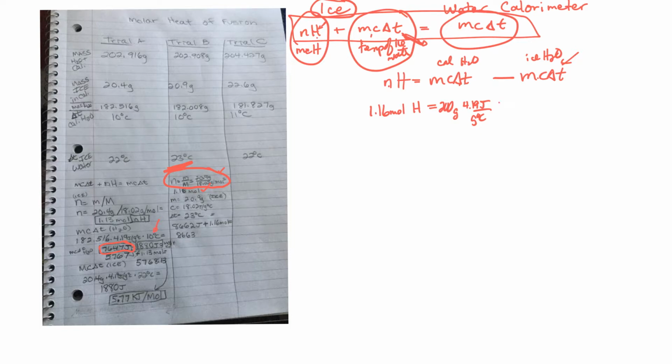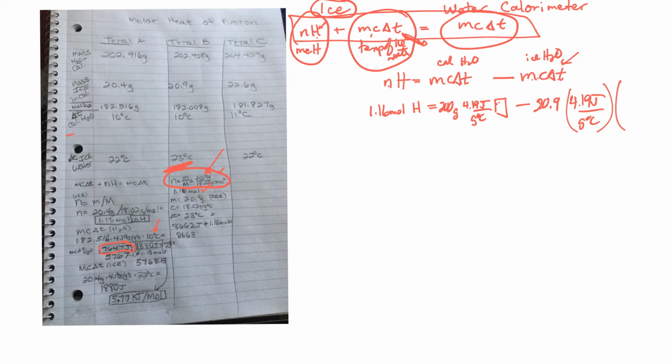So that's the change in temperature of the calorimeter water, minus the mass of the ice water. Well, the ice measured 20.9 right there. So that would be 20.9 times the specific heat capacity of ice water. Well, it's just water, 4.19 joules per gram degree Celsius, times the change in temperature of the ice water. It would have started at 0, and then it got up to, did it get up to 23?